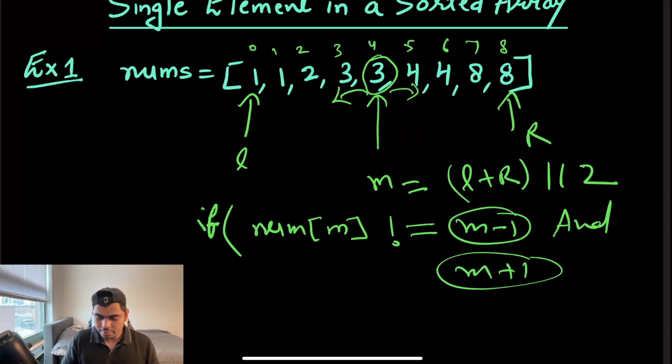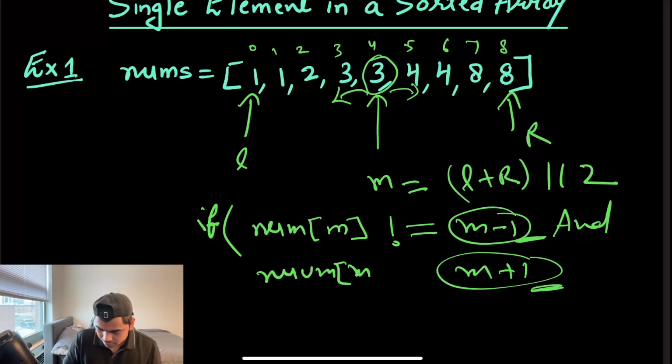These represent the numbers at those indexes. If these two are satisfied, that means we found the element that only occurs once.